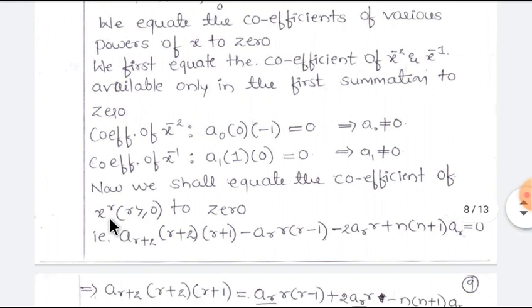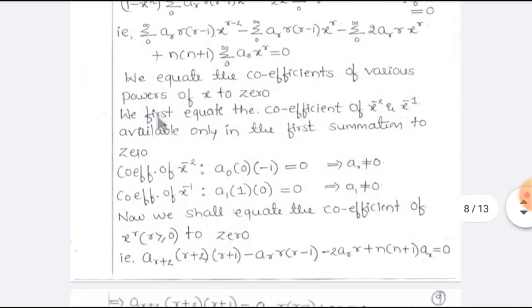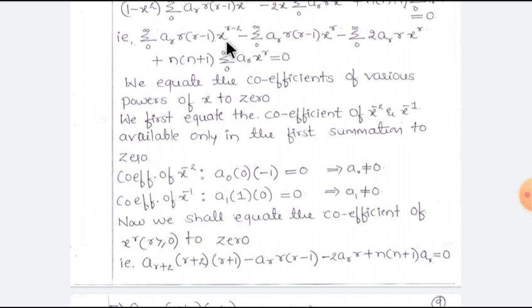Then here x to the power r: in the second term x to the power r is there, not necessary to convert. Third term also x to the power r, fourth term also x to the power r, but in the first term x to the power r minus 2 is there, but we want in terms of x to the power r. So replace r with r plus 2, the plus 2 and minus 2 cancel, and it comes in x to the power r.